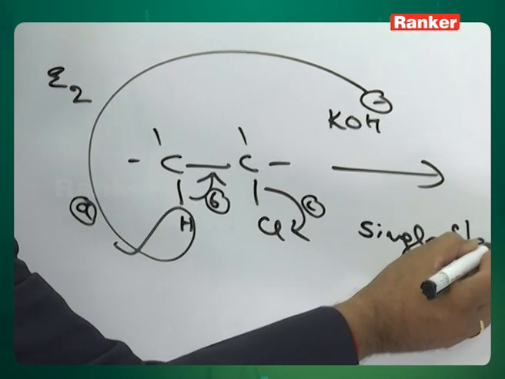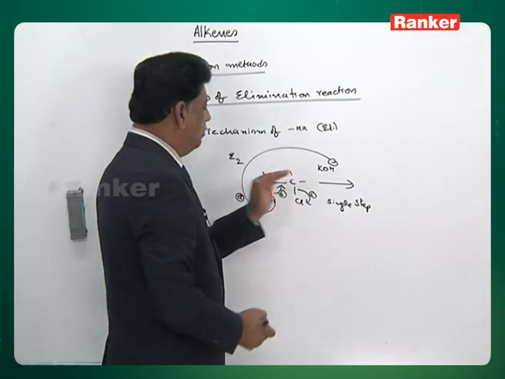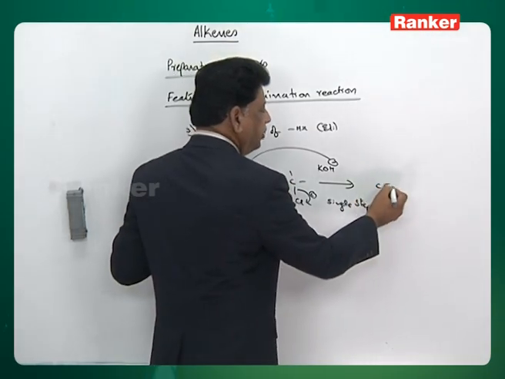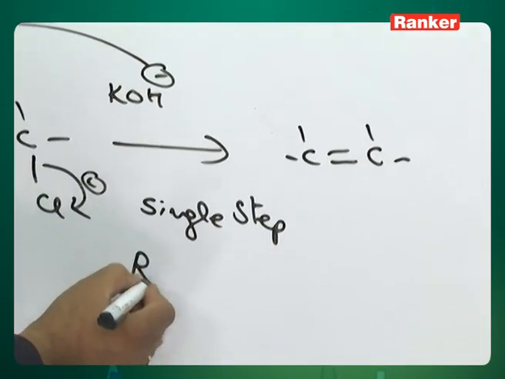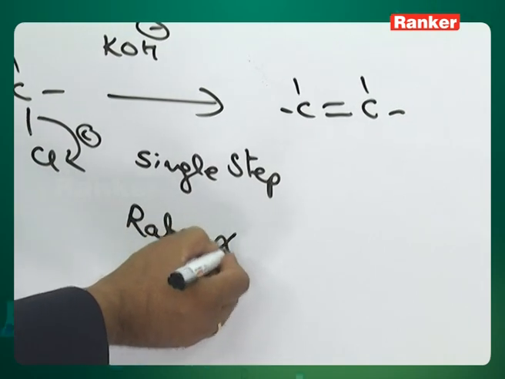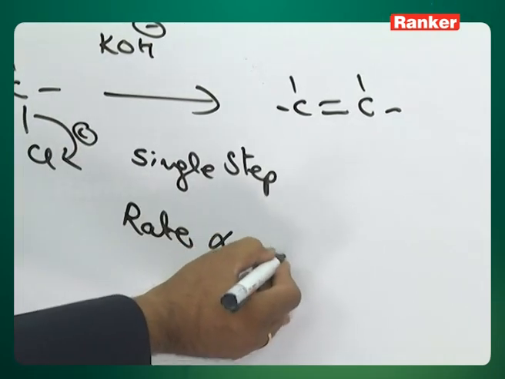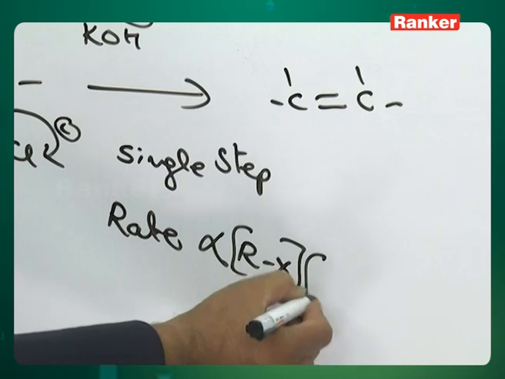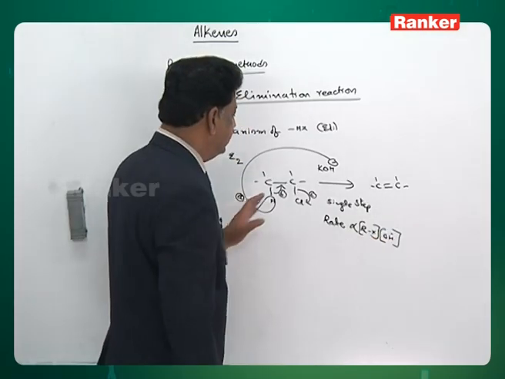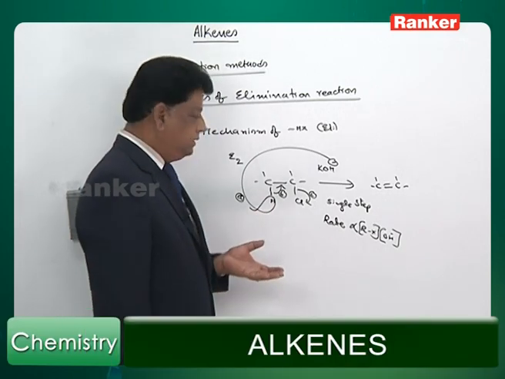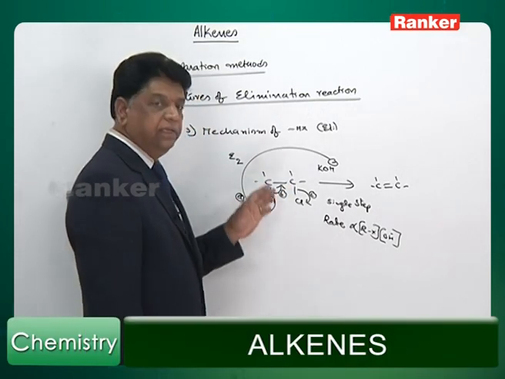Only one step is involved in the reaction, and the double bond is formed. So naturally, since it is only one step, the rate of the reaction depends on both the alkyl halide concentration as well as the concentration of the base. If you increase either concentration, the rate increases; if you decrease it, the rate decreases.